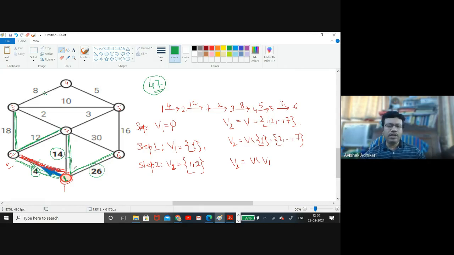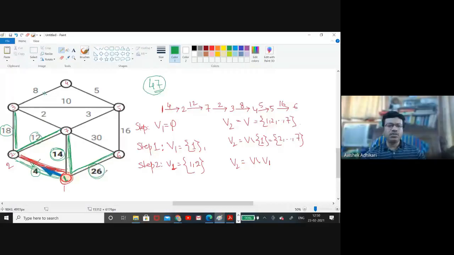And already from 1 you could have gone to vertex 7 or vertex 6. So take the minimum of 18, 26. So what is minimum? Minimum is 12. So take this one as your path.